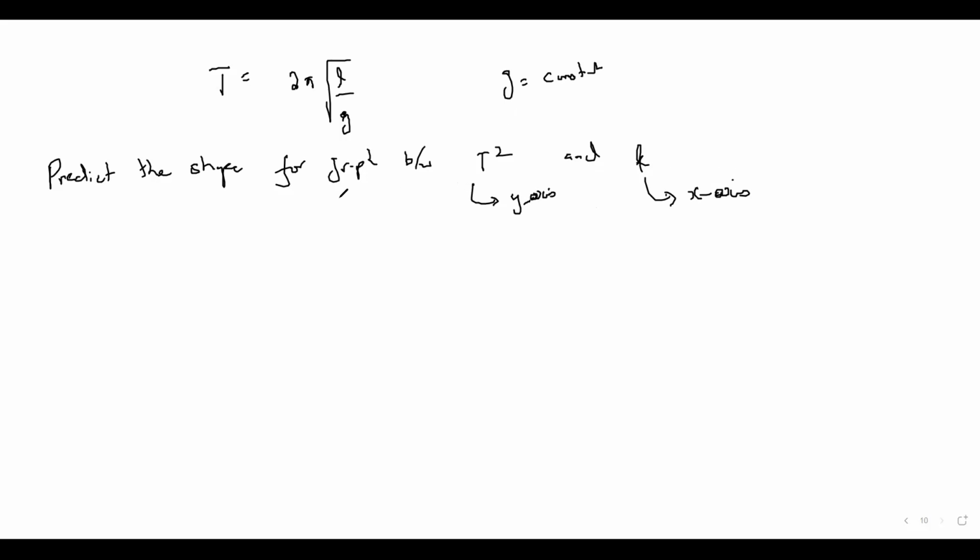So how can we predict? When you see this equation, you don't see t square. According to the equation, we have t equals 2 pi under root L divided by g.